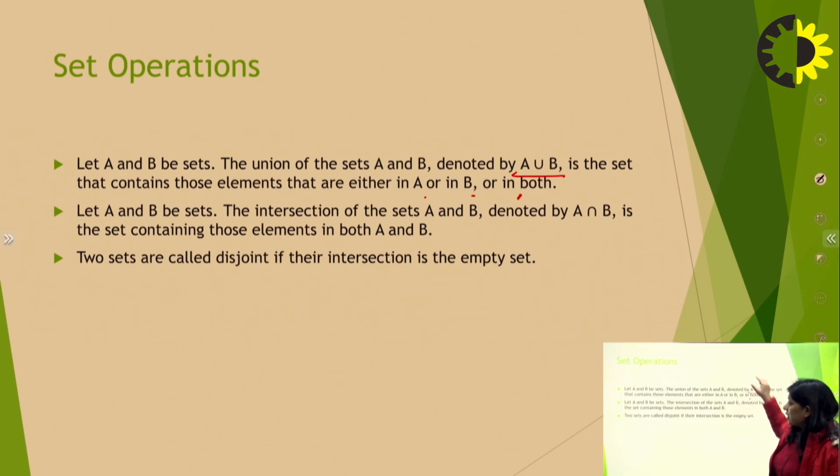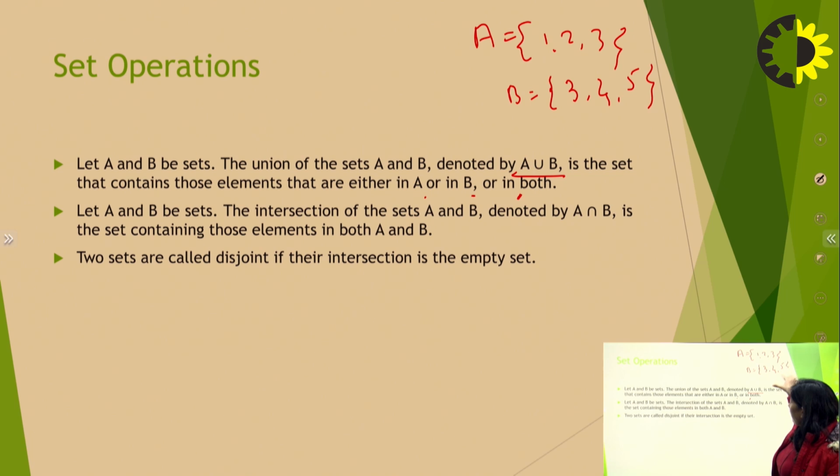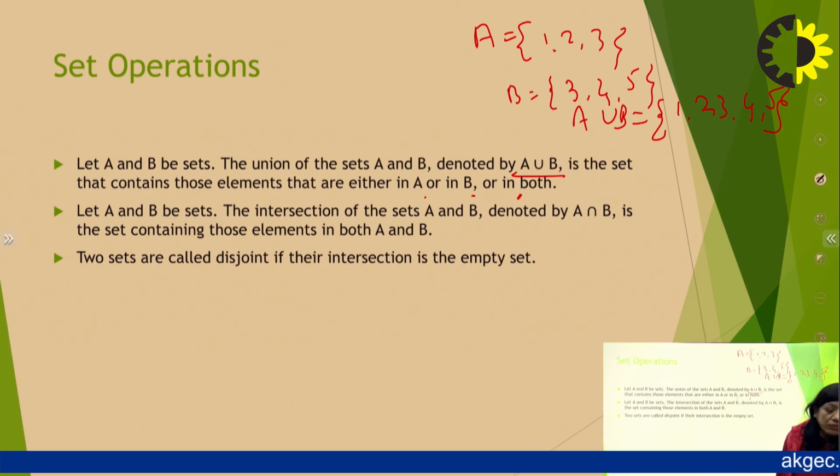That is known as A union B. Suppose we have set A = {1, 2, 3} and B = {3, 4, 5}, and we have to find A union B, then we can say {1, 2, 3, 4, 5}. So, this is how we create the union of two sets.